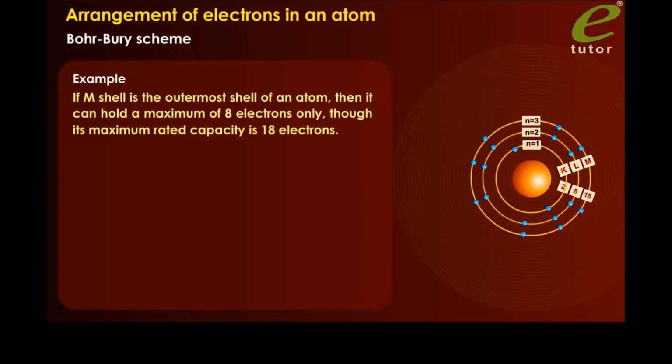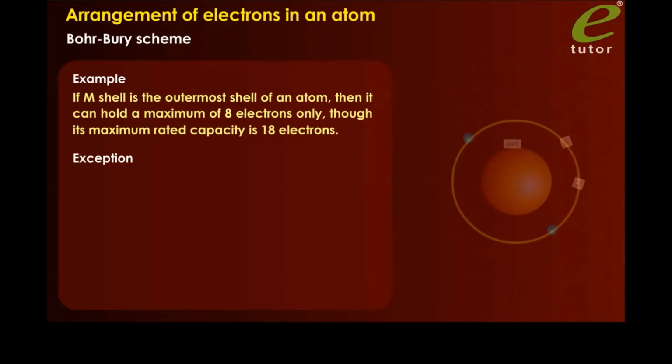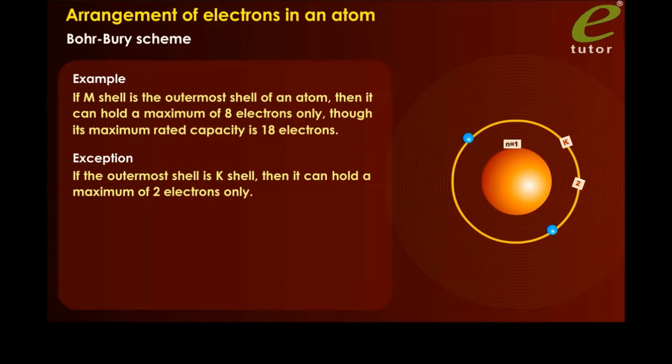Example, if M shell is the outermost shell of an atom, then it can hold a maximum of 8 electrons only, though its maximum rated capacity is 18 electrons. Exception: if the outermost shell is K shell, then it can hold a maximum of 2 electrons only.